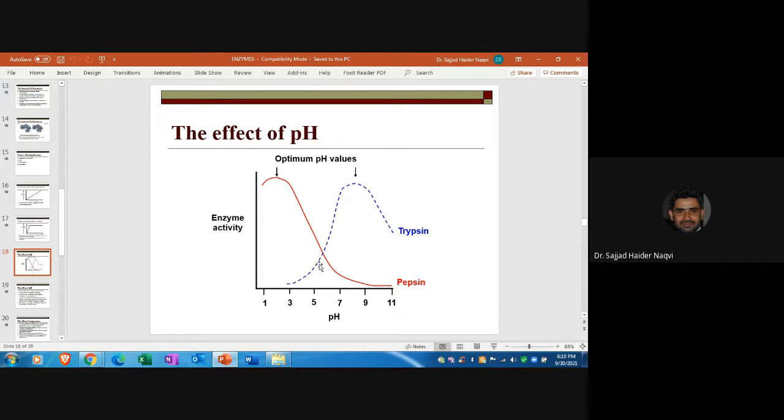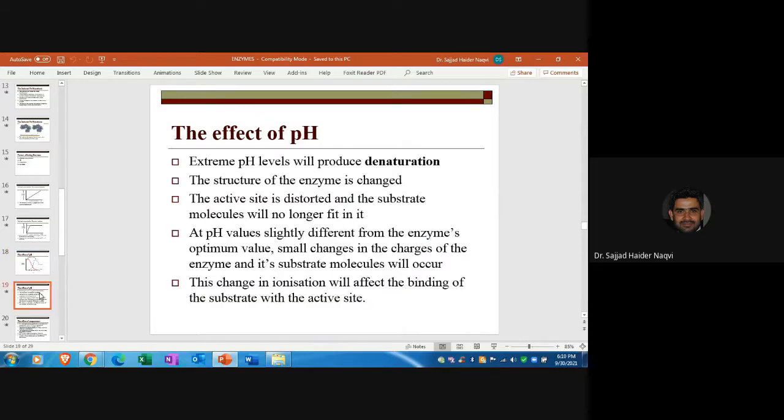And as you increase the pH, it reaches between pH 7 to 9, where it has the maximum activity. And then increasing the pH further is not going to increase the activity, it's going to decrease. So this particular graph is very explanatory: the effect of the pH will vary depending on what enzyme we are talking about.